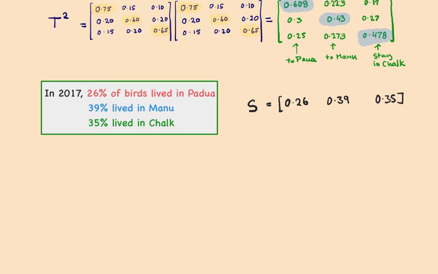And for instance, if we wanted to find out what the expected population will be in 2018, which will be next year, then we will multiply the original initial state matrix by our transition matrix.